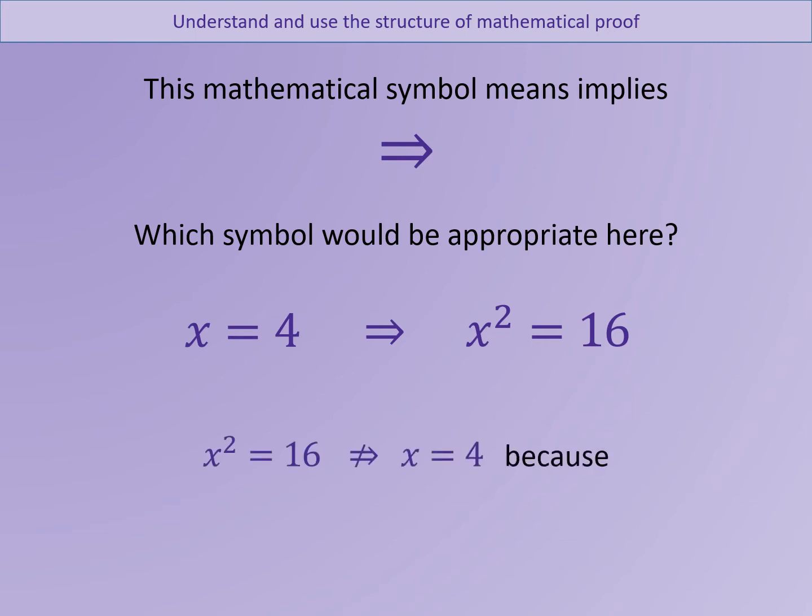However, working the other way, x squared equals 16 does not exclusively imply that x is equal to 4, because if x squared is equal to 16, then x could also be minus 4 as well. Therefore, the symbol that we would use works only from left to right in this particular example, not from right to left as well.